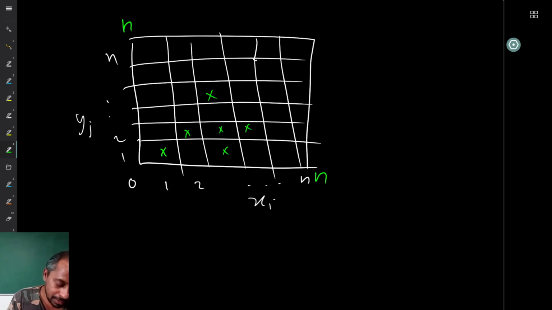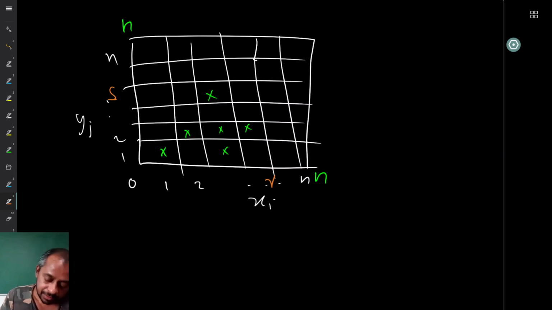Now what I know is that because n is greater than or equal to r times s plus 1, let me look at the rectangle of size s and r.